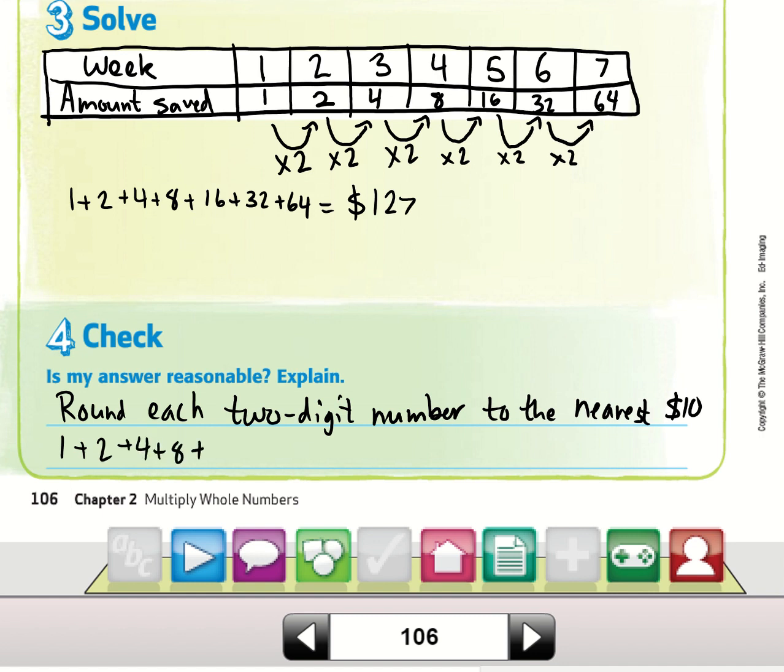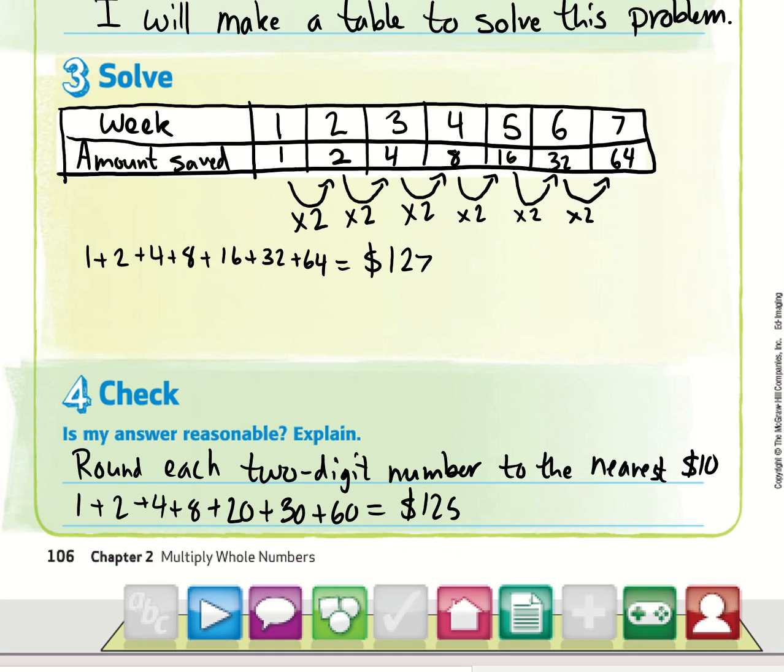So now that we're at the 2-digit numbers, 16 is going to round to 20. 32 is going to round to 30. And 64 is going to round to 60. After adding all that together, we get $125. So we're going to say that yes, our answer is reasonable. 125 is close to 127. So in 7 weeks, Nestor saves $127.